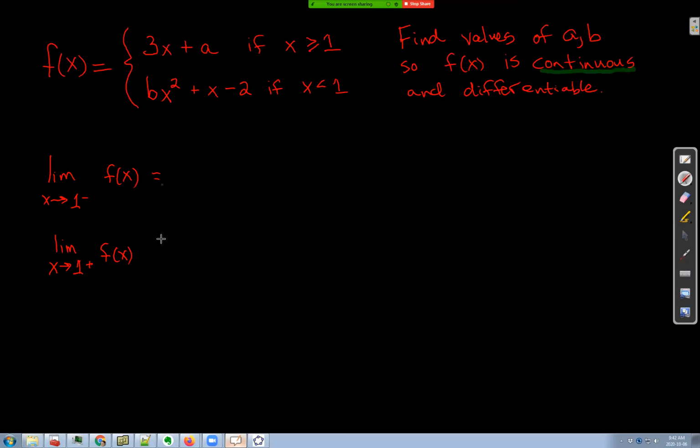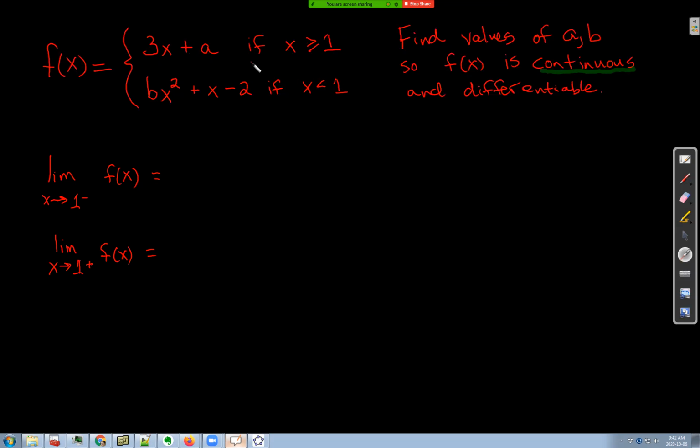And I should comment real quick. I'm going to be focusing all my attention on 1, because that's the place where the function changes personalities. So this function is going to be nice and continuous every place less than, wait a minute, I have my inequalities mixed. Oh, no, that's fine.